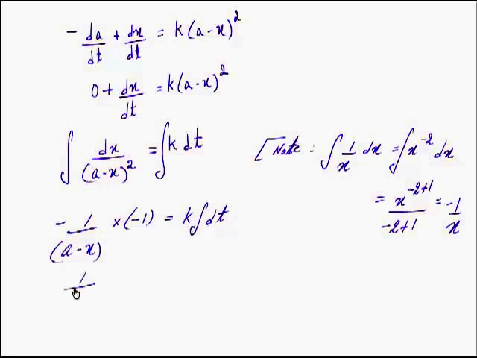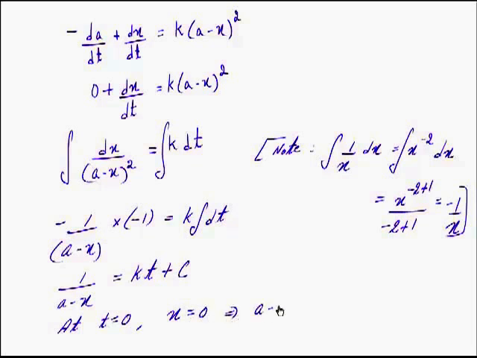Now what we are left with is 1 upon a minus x out here, and that is equal to k times t plus c, where c is the constant of integration. So we need to find out the value of c, and for that we can use the idea that at 0 time the consumed concentration is 0, and hence a minus x is equal to a.